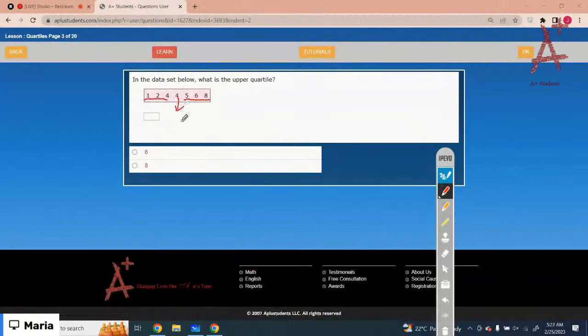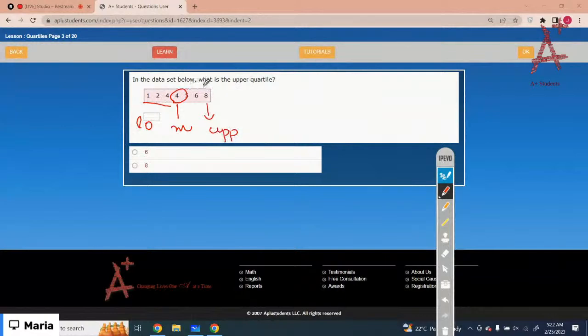This one is the median, this one is the lower half, and this one is the upper half.